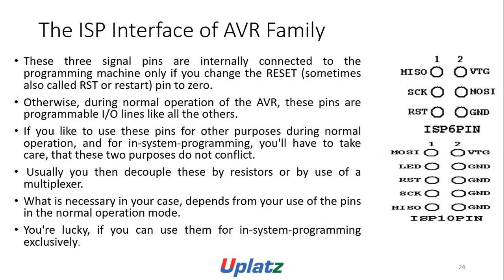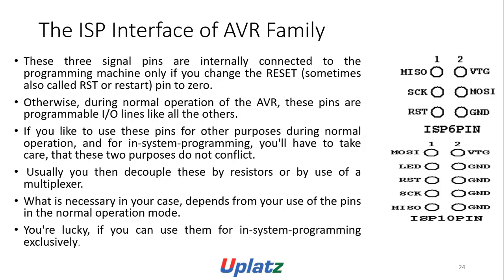In the ISP interface of the AVR family, these 3 signal pins are internally connected to the programming machine only if you change the reset pin, sometimes also called RST or restart, to 0. Otherwise, during normal operation of the AVR, these pins are programmable I/O lines like all others.